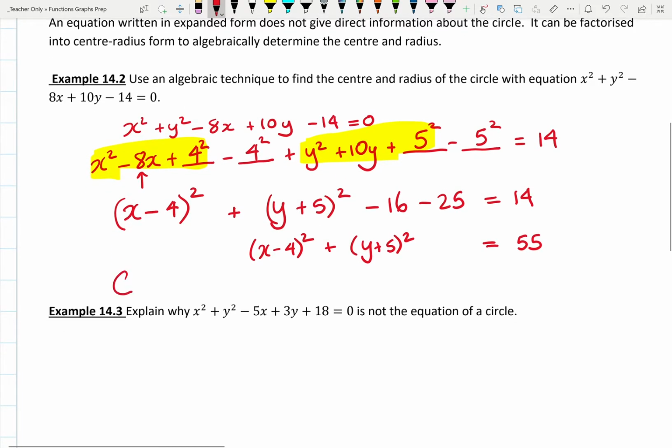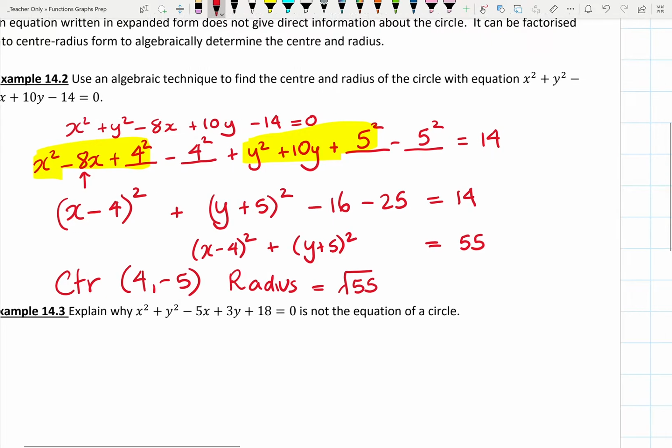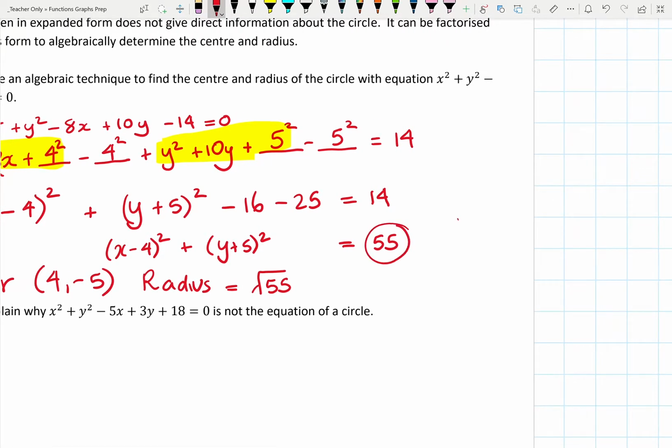So then we can read off the centre. The centre is at 4, -5, and the radius is the square root of 55. Bearing in mind that this term is our r² term, so our r must be the square root of 55. Be very, very careful with that.